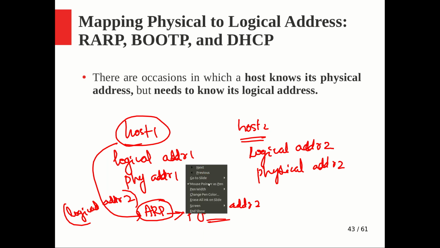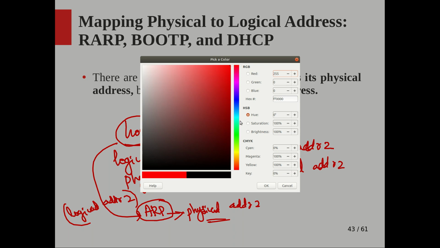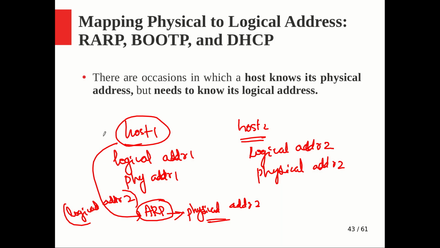Let me take a different color. But tell me, what is the use of reverse ARP? Of course, host 1 will again call reverse ARP, but now it is for a different purpose. For running reverse ARP, host 1 will be passing its own physical address, and this will be given to the reverse ARP protocol, and that is supposed to return its own logical address, logical address 1 only.